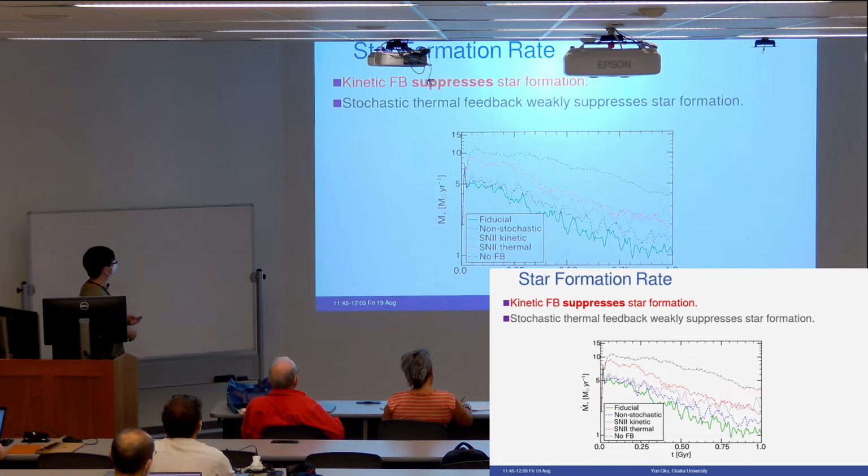This is the star formation rate, comparing 5 lines, and you can see that these 3 lines with kinetic feedback have a smaller star formation rate. So the kinetic feedback suppresses star formation, while the stochastic thermal feedback suppresses star formation only weakly.